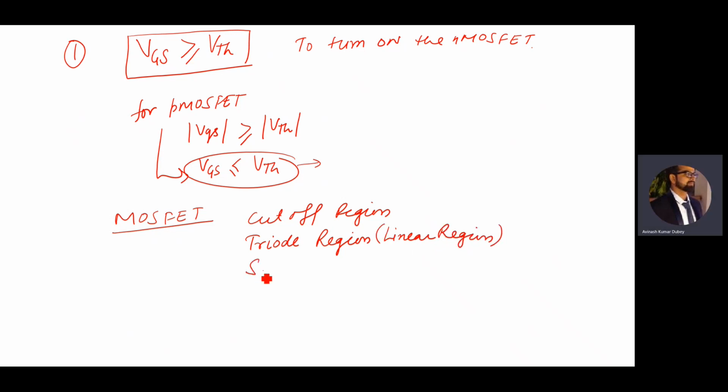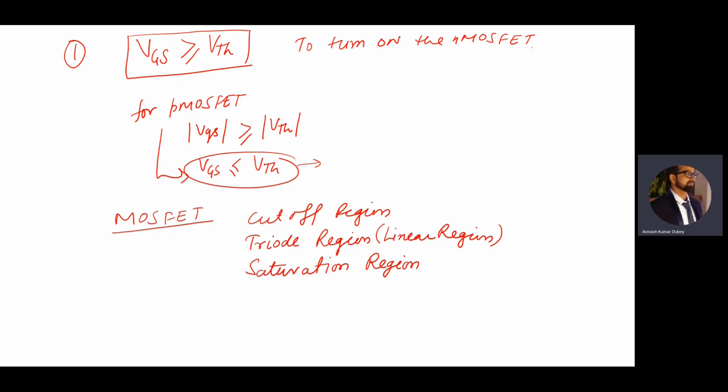And then the saturation region. For all the regions, there are different conditions. We are going to see what the different conditions are for these regions, and how the current depends on the different voltages in different regions.